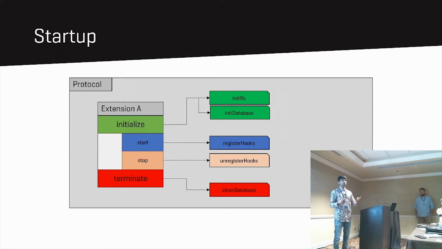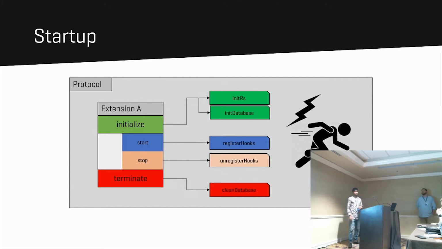If you want the shortcuts to only appear when the extension is turned on and you want them to disappear when it's turned off, you can put them in the start and stop events. And you would use terminate sometimes to clean up some of your resources. And if you have a set of lightweight events, you would most likely end up with a fairly speedy extension in terms of startup time.